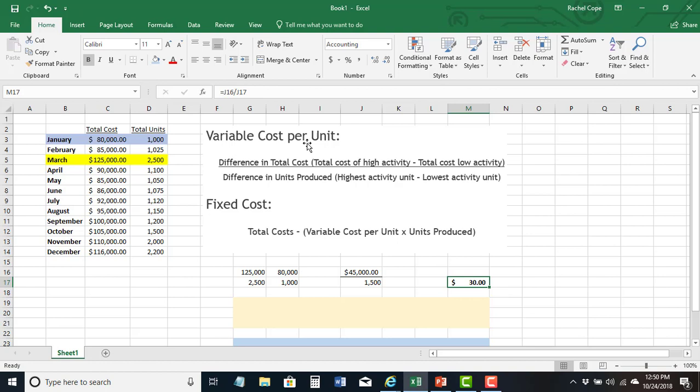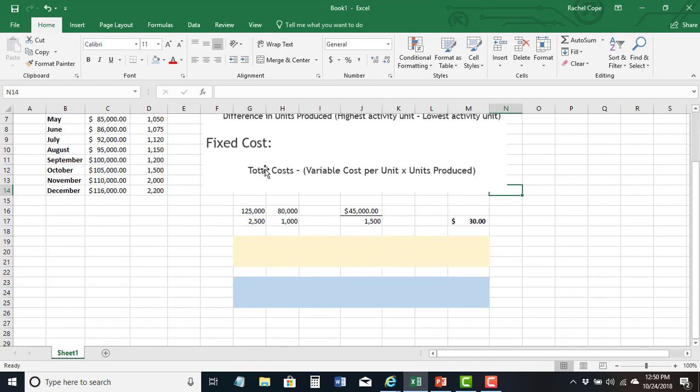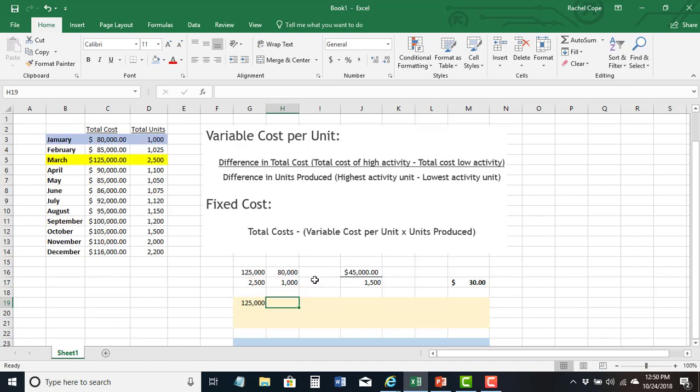Then we take that variable cost per unit and we can plug it into this fixed cost formula, and we can try and pull out what our fixed costs are. What are the costs that remain if we have no activity? So fixed costs, we're going to take the total costs. So let's do our highest month first. Again, this is the high-low method, so we're looking at the highest and lowest months.